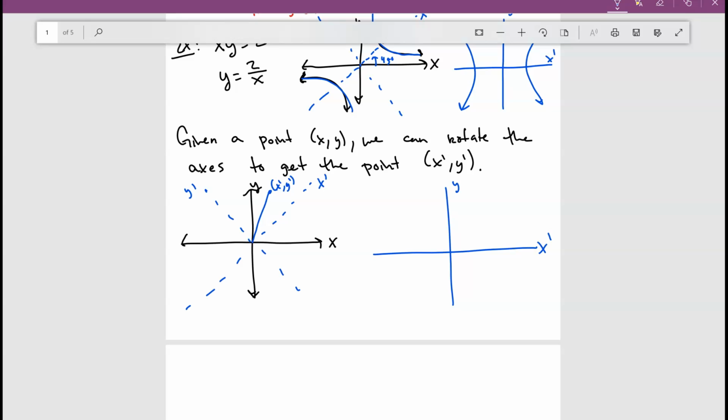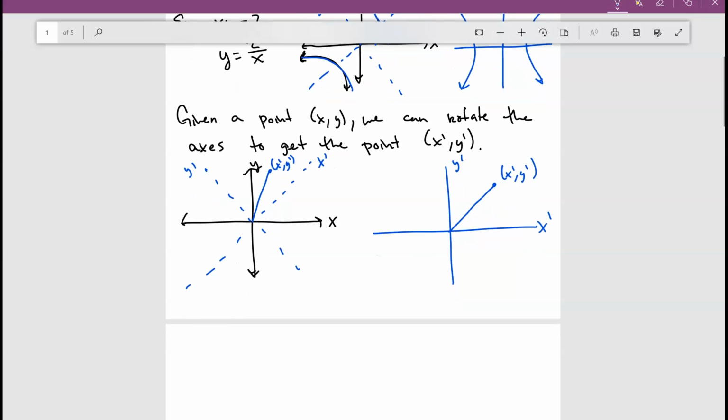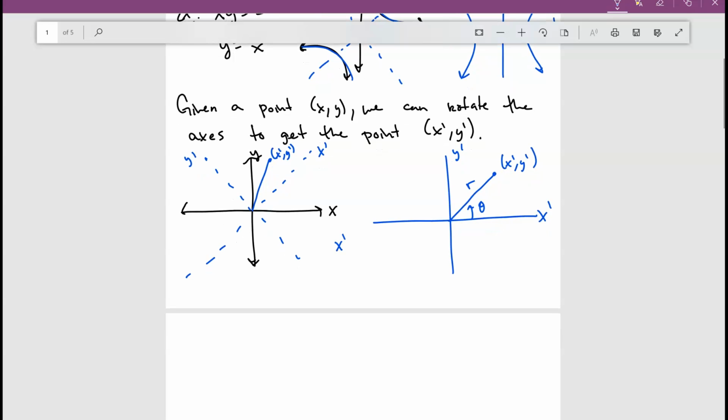Here is my point, x prime, y prime, some random point. And what we just did is convert it to polar coordinates. We're going to call this theta and call this r, because that's how we convert to polar. So we can represent x prime in polar coordinates as r cosine theta, and y prime is going to be r sine theta.